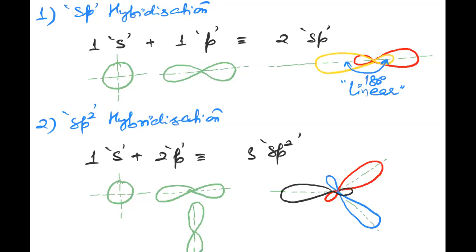So we have three hybrid orbitals, and obviously the angle between every hybrid orbital should be 120 degrees each. This arrangement is going to be trigonal planar.